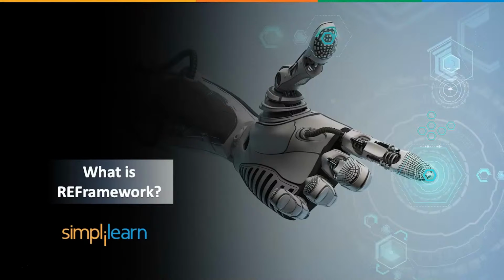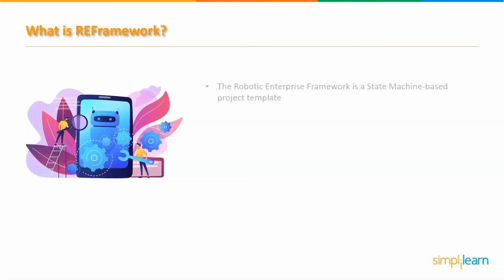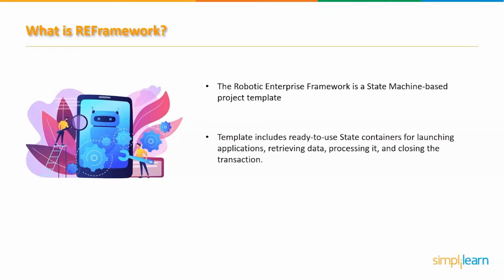What is REFramework? The Robotic Enterprise Framework is a state machine-based project template. The template includes several ready-to-use state containers for launching applications, retrieving data, processing it, and closing the transaction. These states are linked together by a series of transitions that cover almost every requirement in a typical automation scenario.